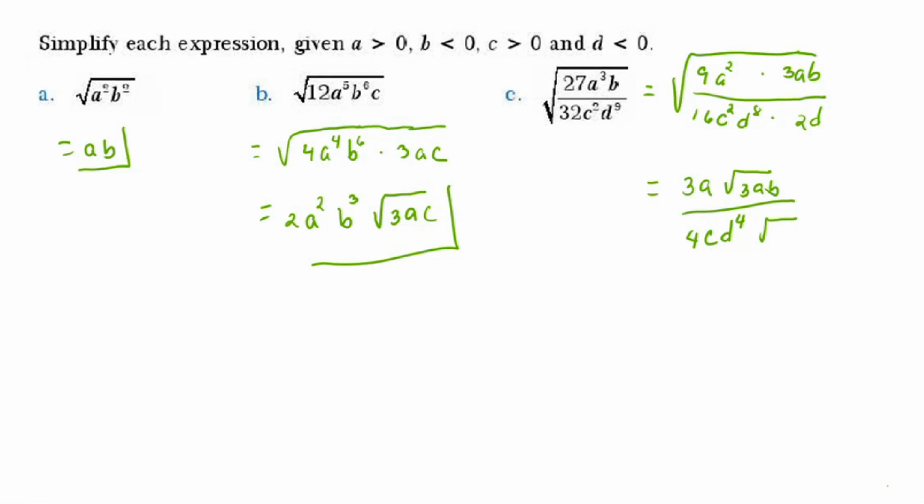And then inside the radical sign we have 2d. Or we can rewrite that to make it nicer: 3a over 4c d raised to 4 times the square root of 3ab over 2d. So either of the two answers is accepted.